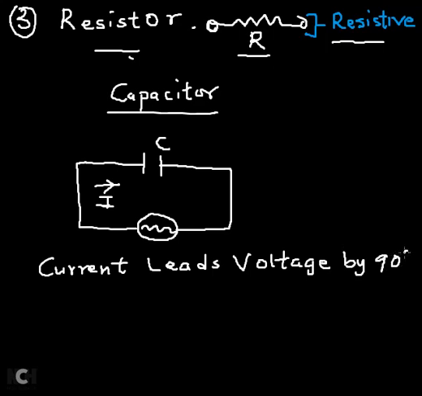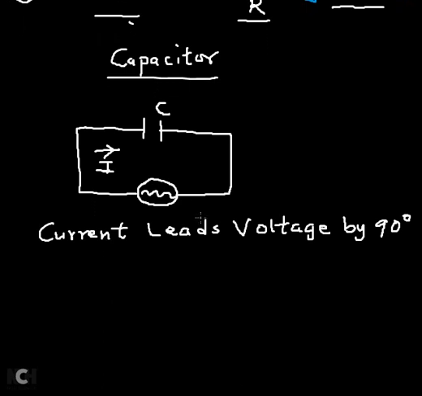The current will always be ahead of the voltage by 90 degrees. It simply means that the voltage will be lagging behind the current by 90 degrees.